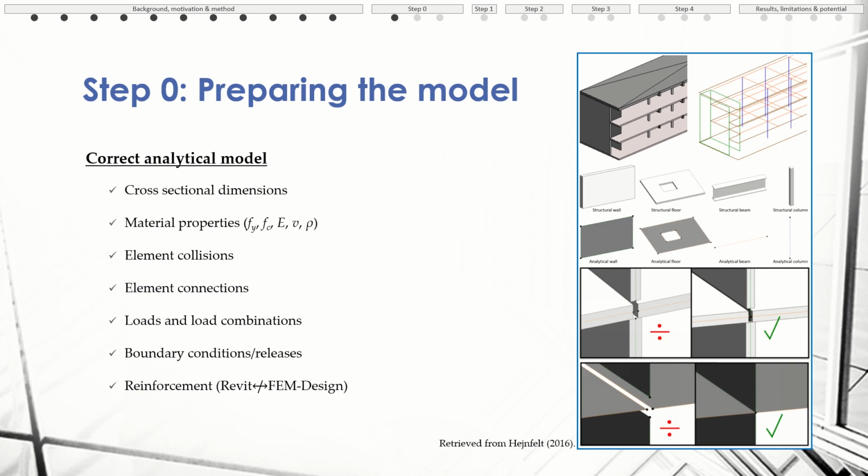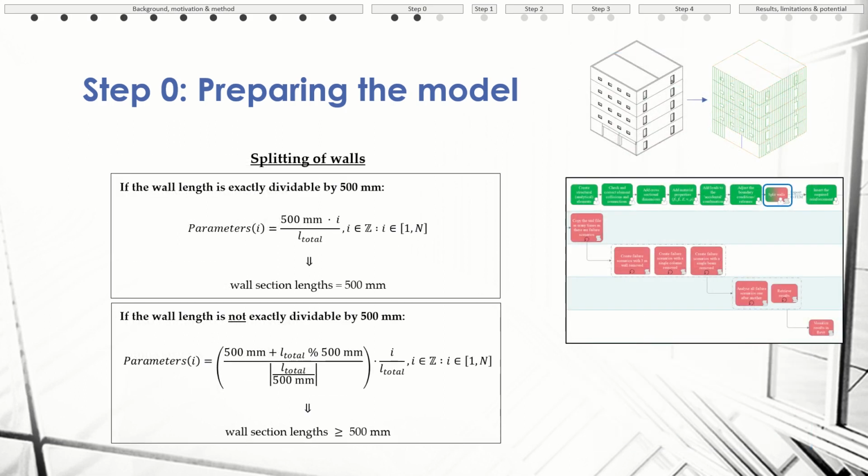In addition to all these more general properties you need to define, we also set an extra requirement in order to be able to simulate all these different failure scenarios. Usually when you create a building model, you model the whole wall sections as being one. But since we want to be able to take a small part out of the wall in order to simulate all these scenarios, we created an algorithm that divides all these wall elements into sections of 0.5 meter.